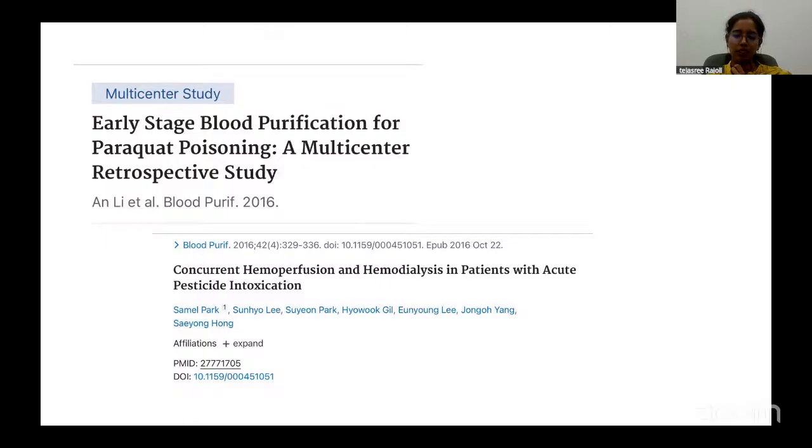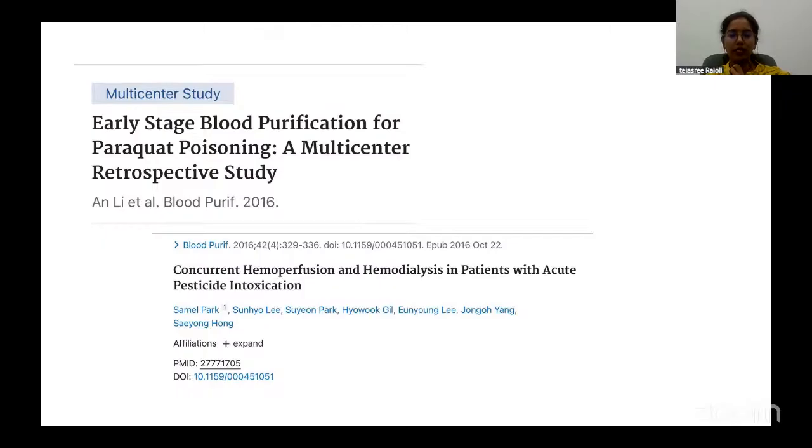They did early hemoperfusion plus continuous hemodiafiltration after paraquat poisoning. They reported a decrease in paraquat levels, and improvement in organ failure and also survival.